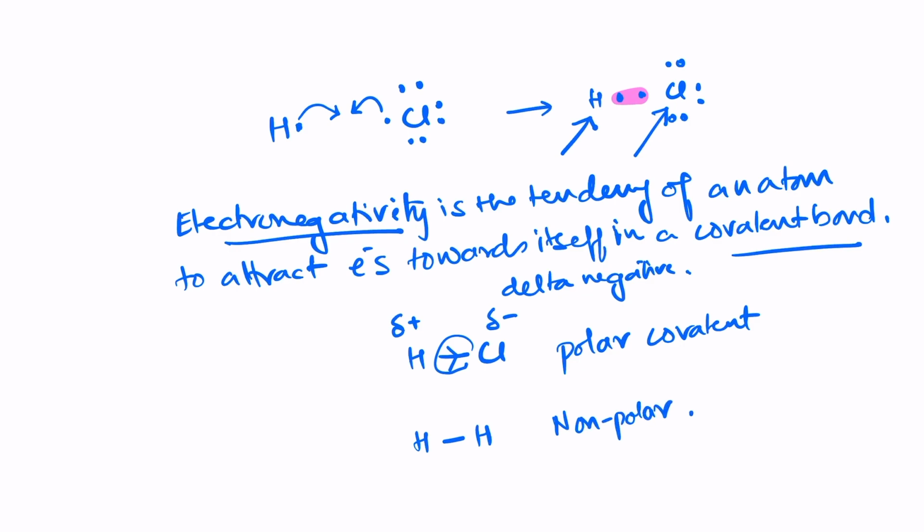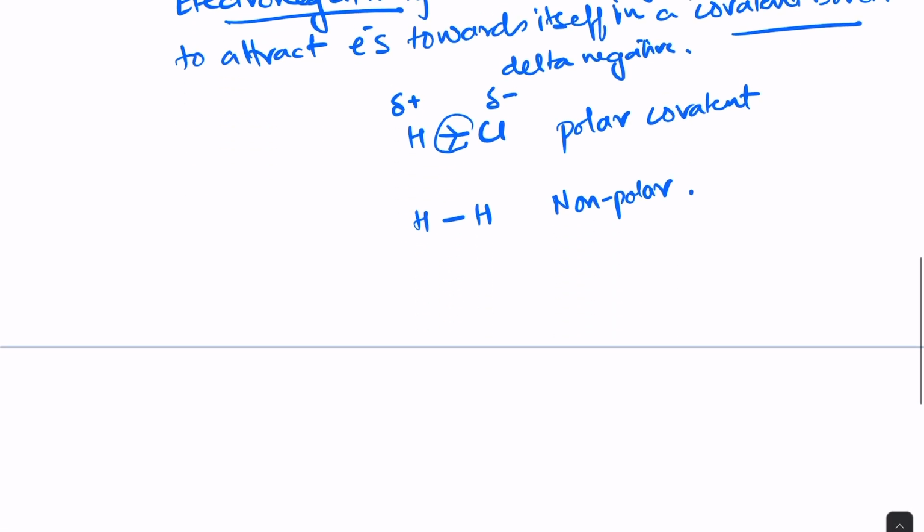The question arises: how would you know if the electronegativity difference between the two atoms is big enough to make it a polar covalent bond, or not big enough, making it a non-polar covalent bond? For that, let's show you 3 different rules.